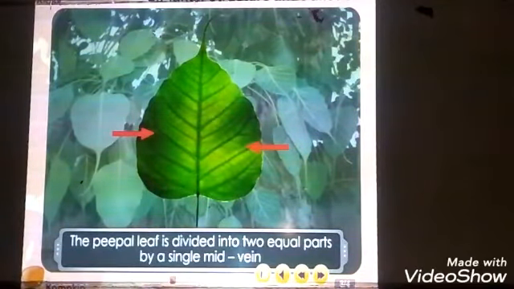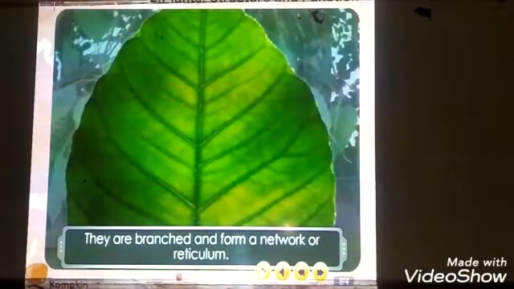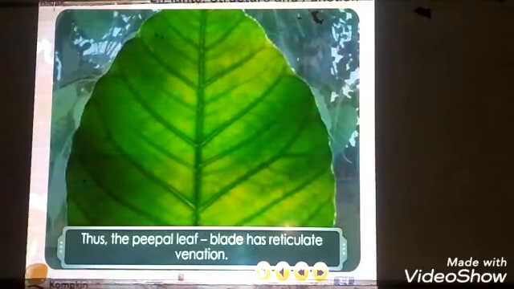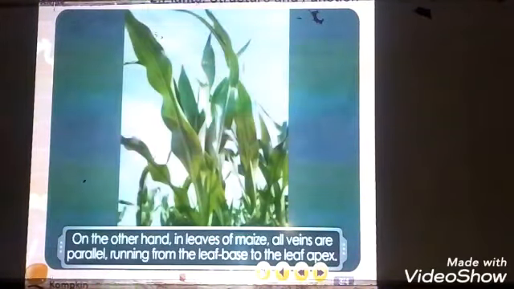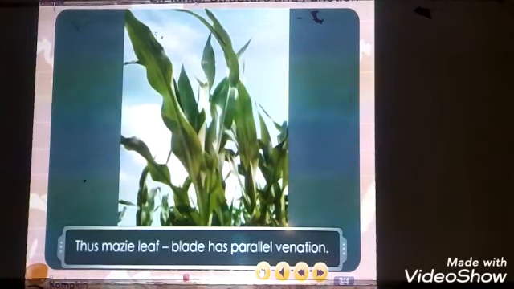The peepal leaf is divided into two equal parts by a single midrib. The veins are branched and form a network or reticulum. Thus, the peepal leaf blade has reticulate venation. On the other hand, in leaves of maize, all veins are parallel, running from the leaf base to the leaf apex. Thus, the maize leaf blade has parallel venation.